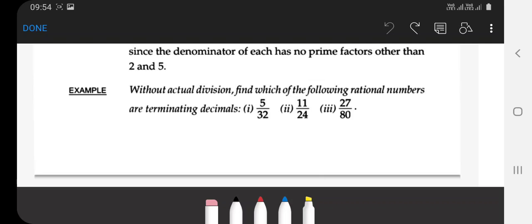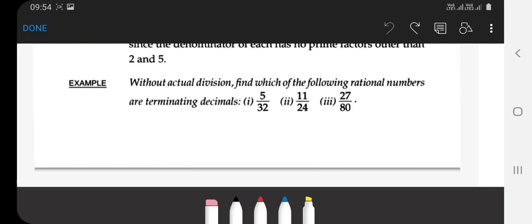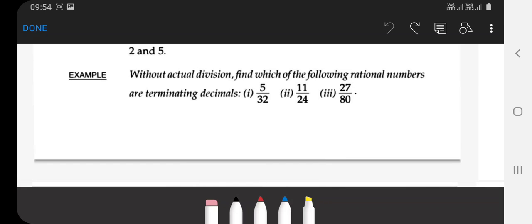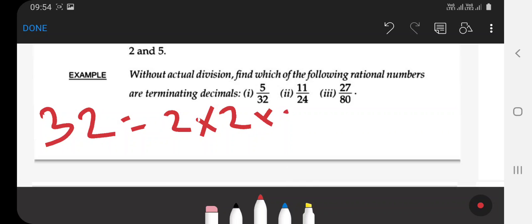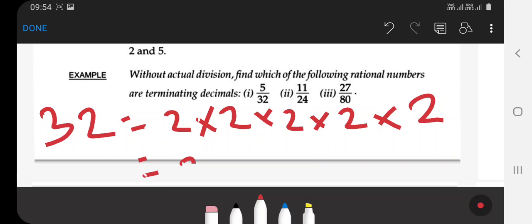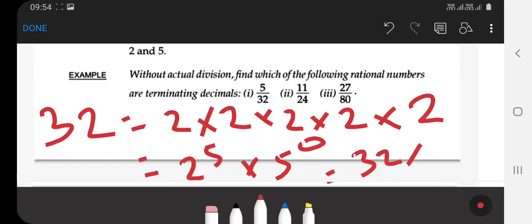So here are some examples. Without actual division, find which of the following rational numbers are terminating decimals. 5 by 32. The factor: 32 equals 2 to the power 5, so we can write it as 2 to the power 5 into 5 to the power 0, equal to 32 into 1.